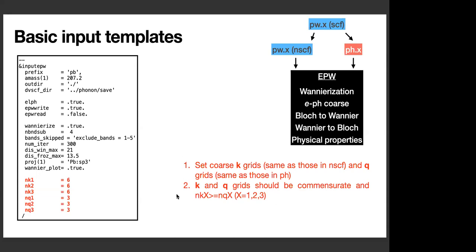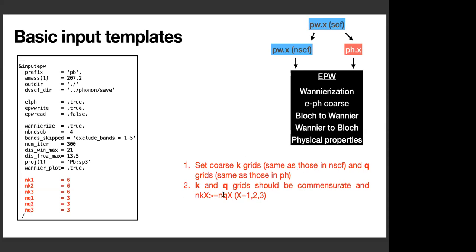But there is one thing that you have to meet. For example, this coarse k grid should be commensurate with this coarse q grid.